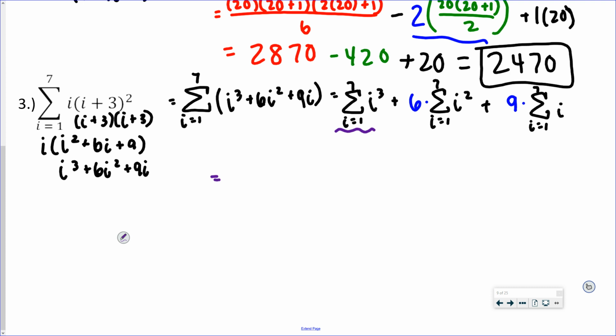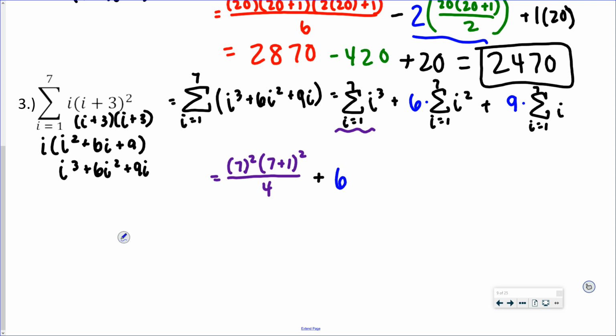That is n squared, 7 squared, times (n plus 1) squared, so times (7 plus 1) squared, or you could just write that as 8 squared, all over 4. Again, don't you worry your pretty little heads about where that comes from. Somebody discovered it for you. It's just a formula you get to use.